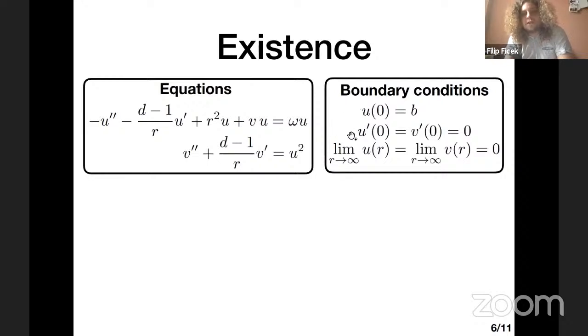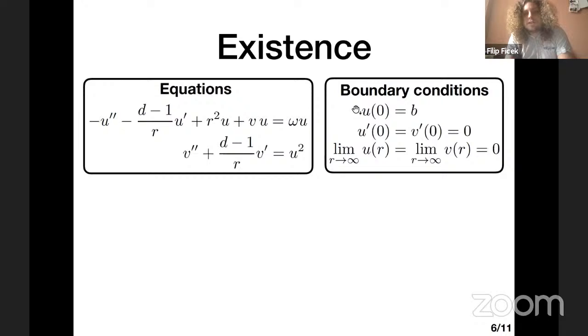Of course, derivatives of U and V have to be 0 in the center due to spherical symmetry. We also want these 2 functions to go to 0 at infinity. And we want to have some control over U. So let B denote the central field value, like the value of U at 0.